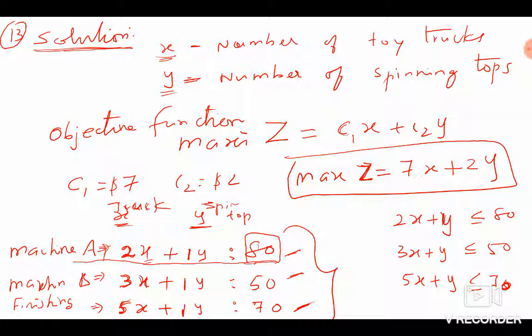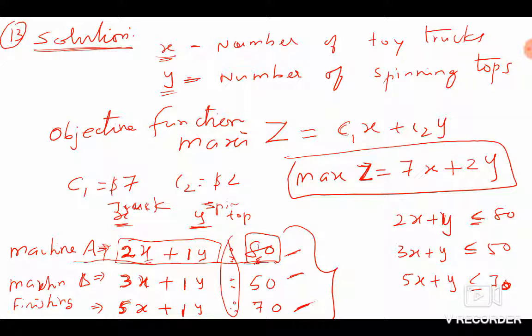So you use it for maximum 80 hours or less than that. That is why the less than or equal to symbol comes here. If you are allowed to use more than 80 hours, it will be greater than 80, isn't it? So in this problem, all the constraints are here. This place will be replaced by inequality because you cannot use more than the available hours, right?